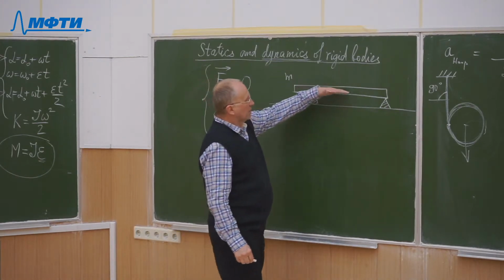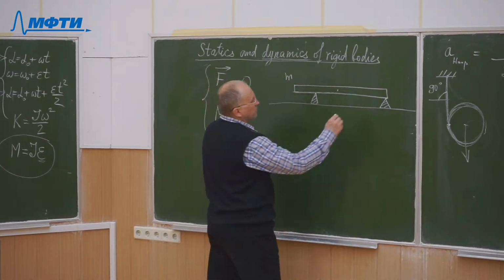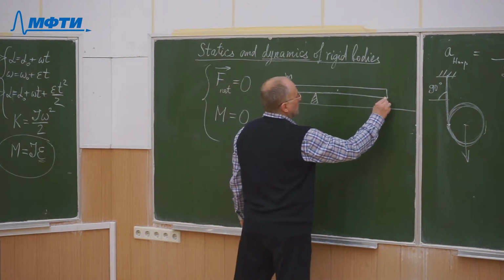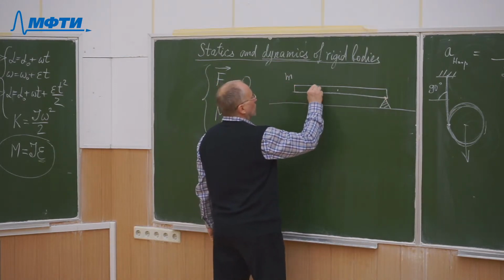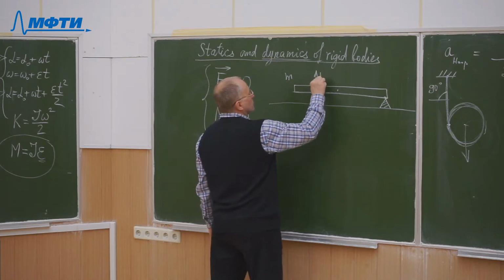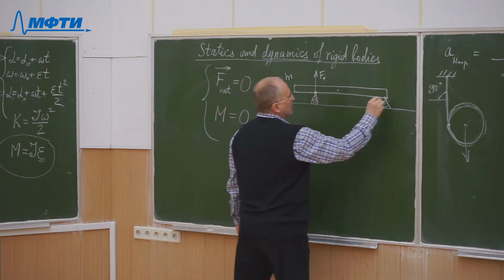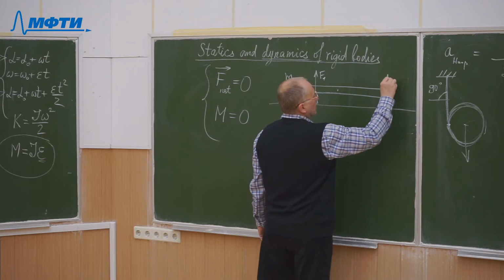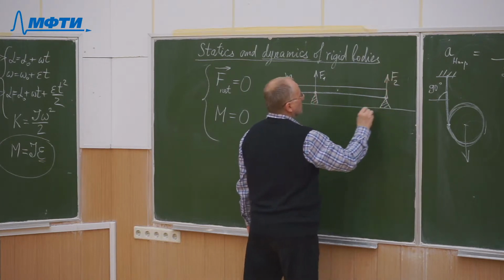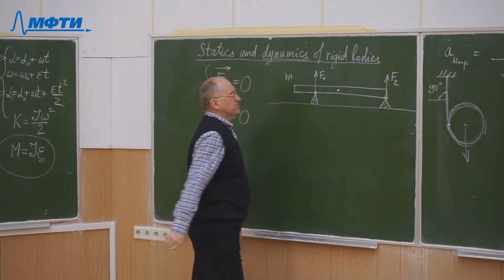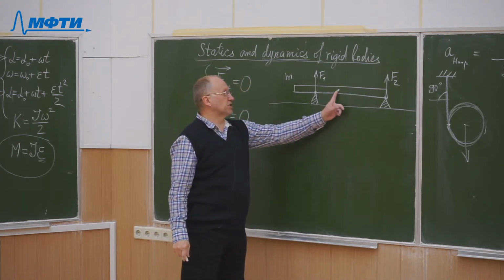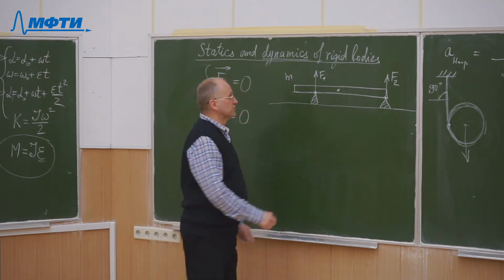So there are some forces of reaction, some force acting on the bar from the first support, which is F1, and some force of reaction acting on the bar from the second support. And there is another force, certainly the force of gravitational attraction to the center of the Earth.